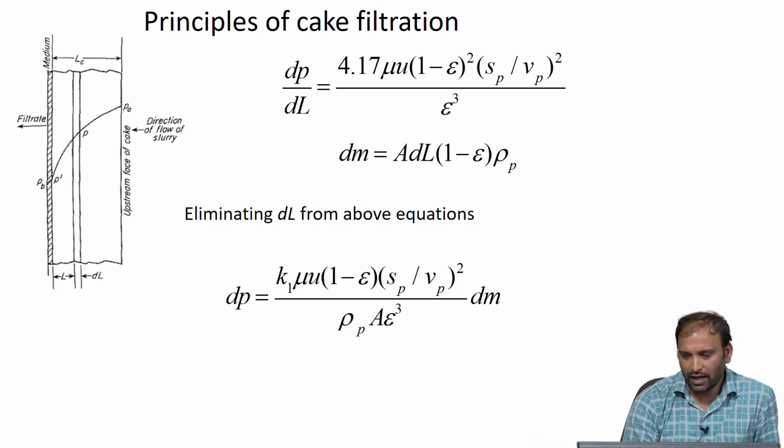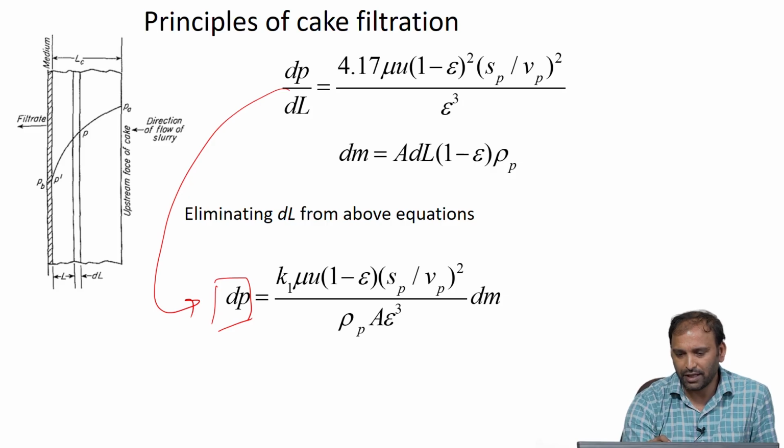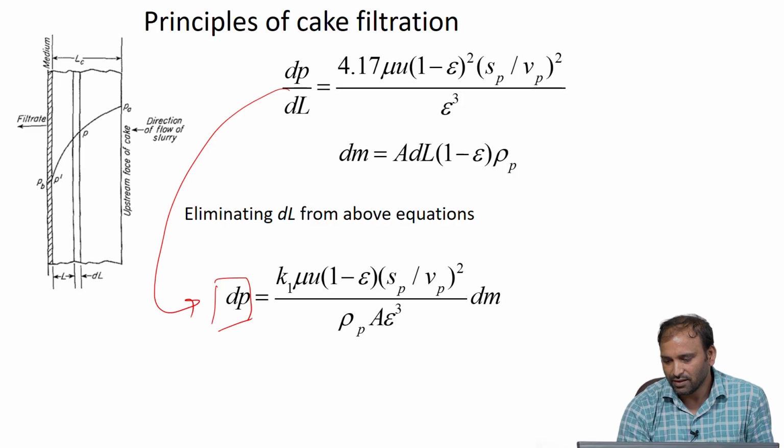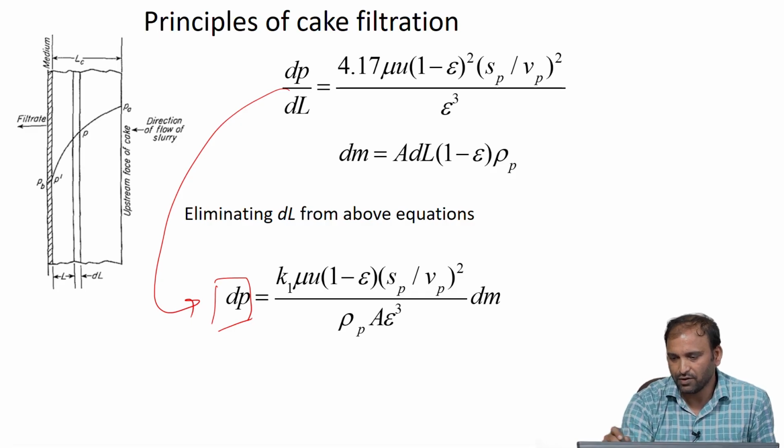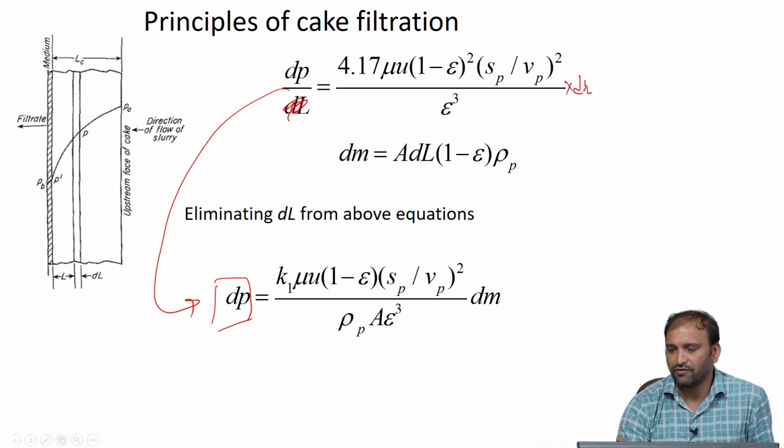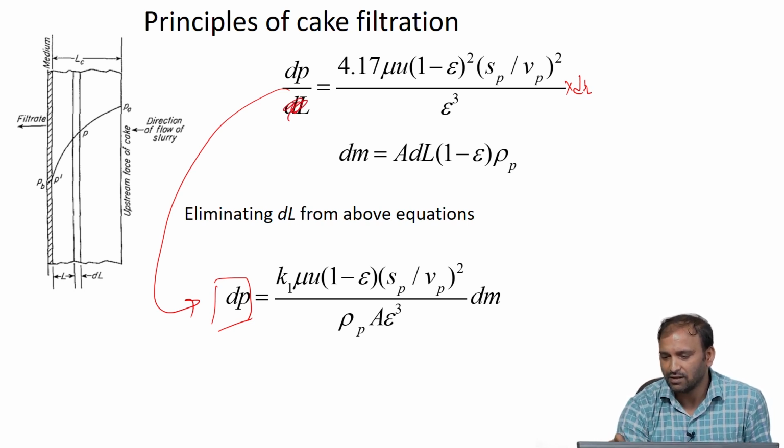So I can simplify this equation further. I have delta p here, and I'm going to take dL to the right hand side. I can express dL as dm divided by A times (1 minus epsilon) into rho p.